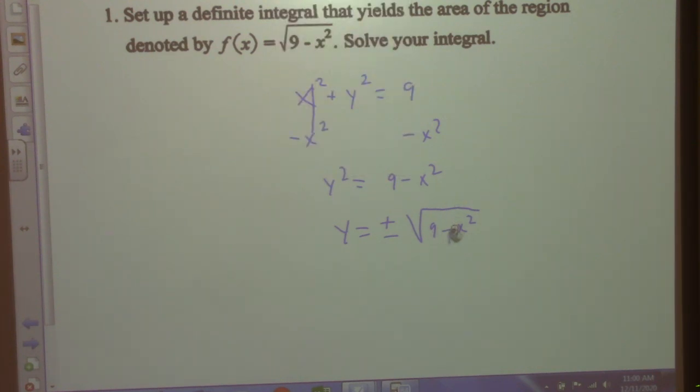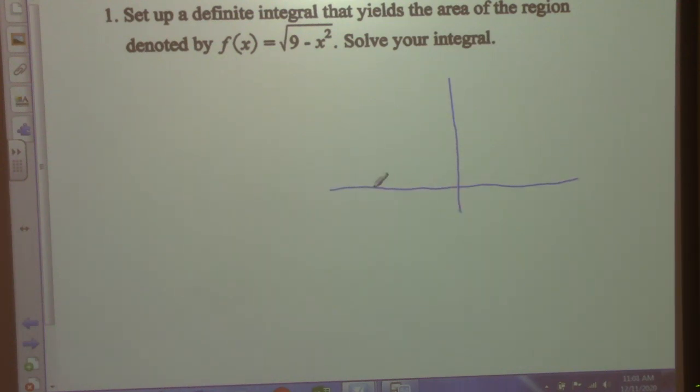Okay, so let's work this out. Here's our semicircle with a radius of 3. And so what are the limits or boundaries of integration? -3 to 3.